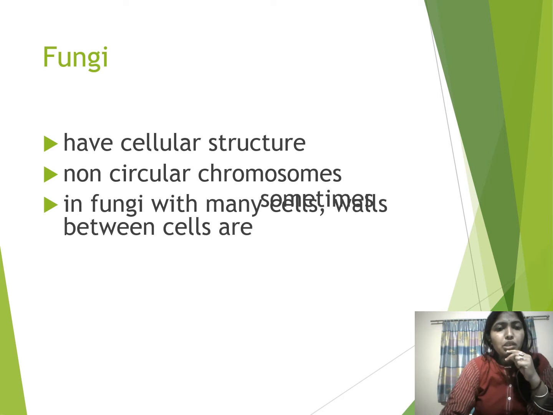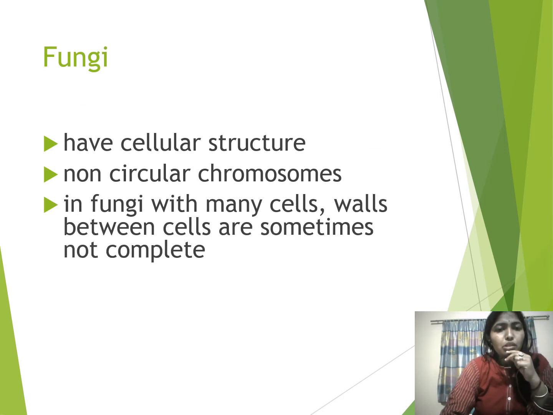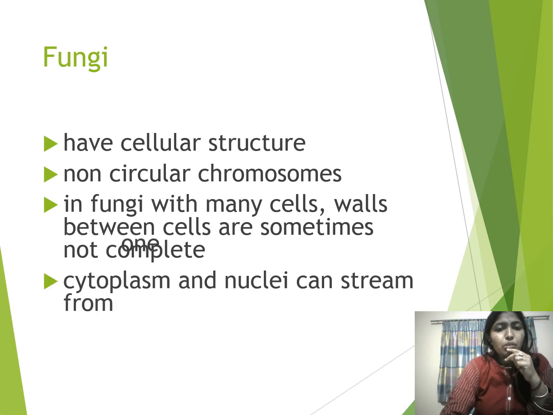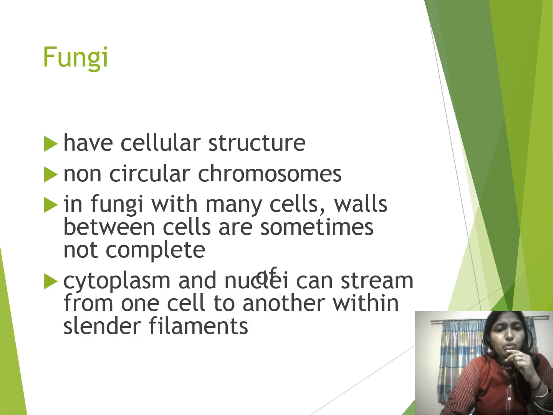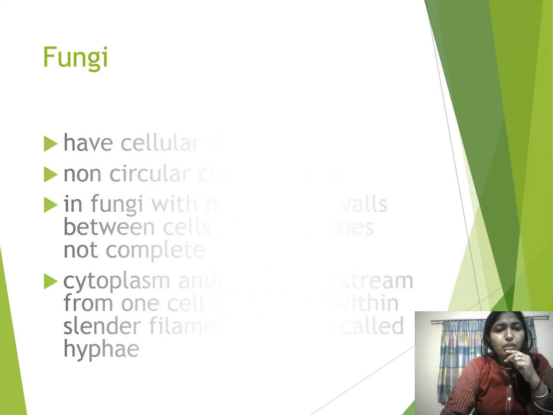In fungi with many cells, the cell walls between cells are sometimes not complete. Cytoplasm and nuclei can stream from one cell to another within slender filamentous cells called hyphae.